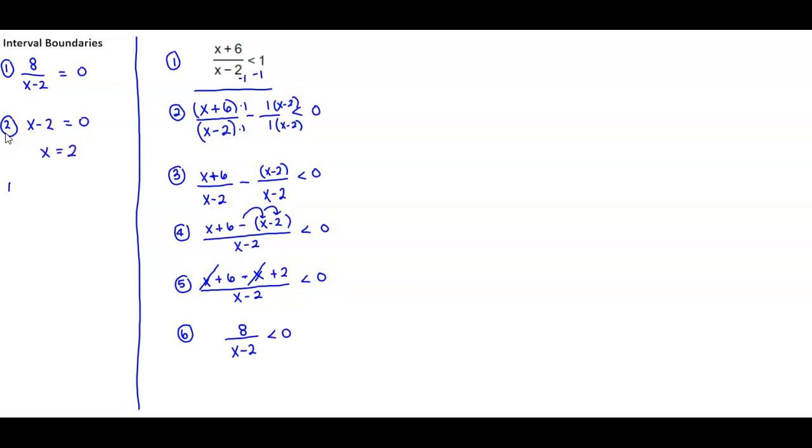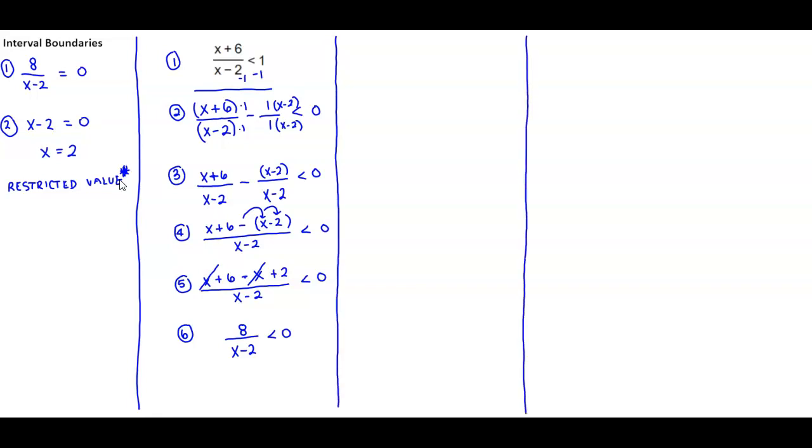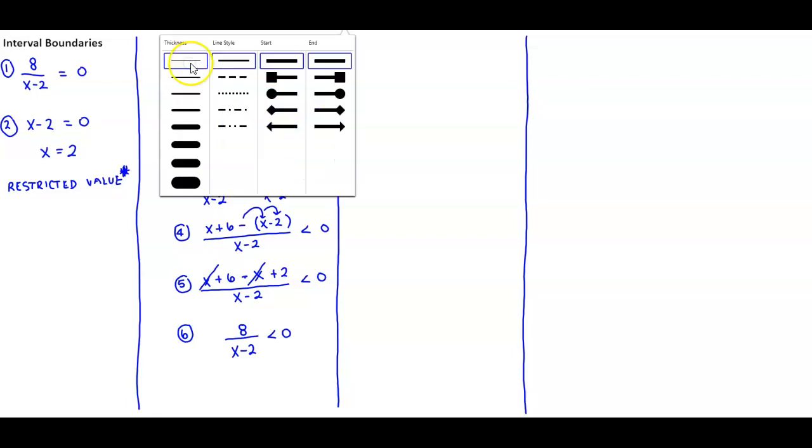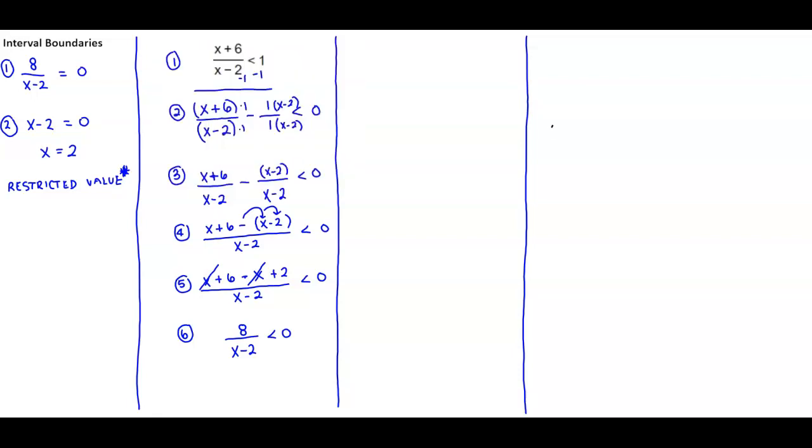But now, keep in mind, we're going to call this a restricted value. A restricted value means that we cannot plug in 2 in the denominator because it would make it undefined. So we need to make note that this is a restricted value. Okay, so now, the next step is to write down what our number line would look like with that boundary point. So here is our number line.